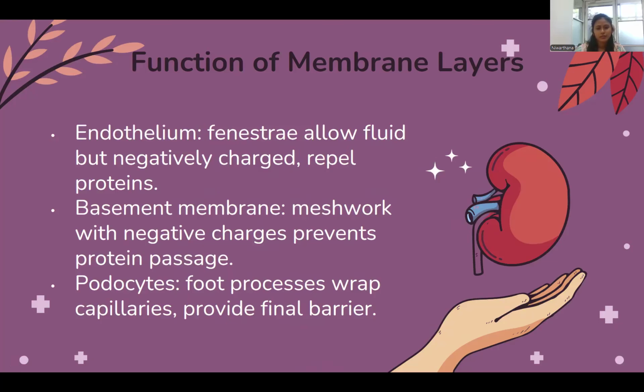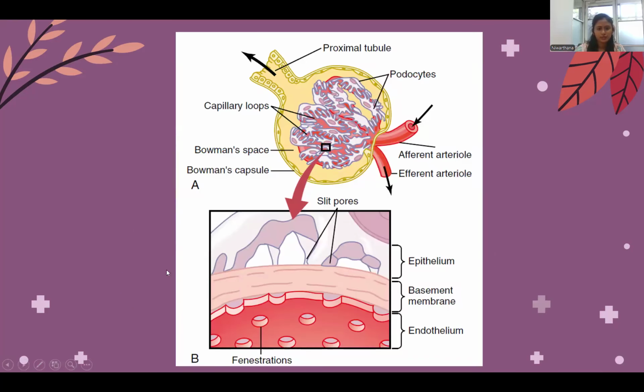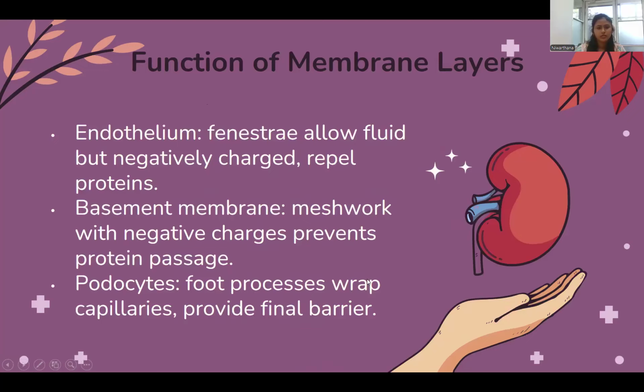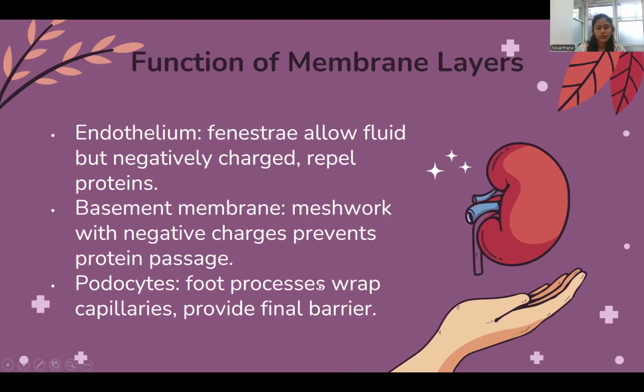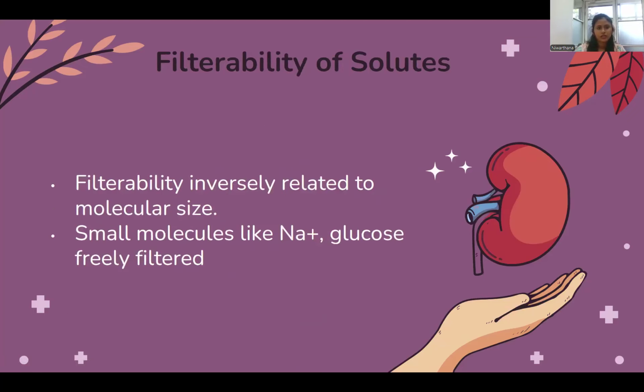And the basement membrane, this is the basement membrane. The basement membrane is a meshwork with negative charge, and it also prevents protein passage. Okay. The podocytes, the foot processes have slit pores, and they provide the final barrier.